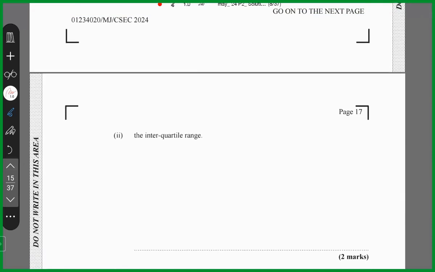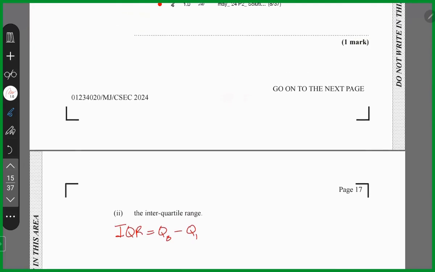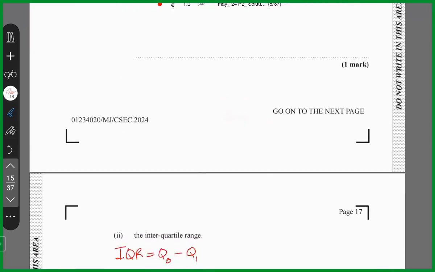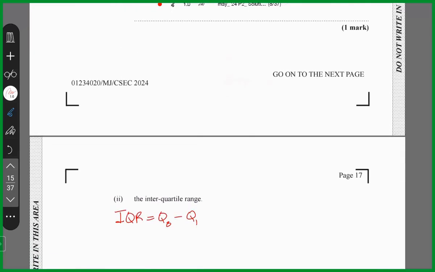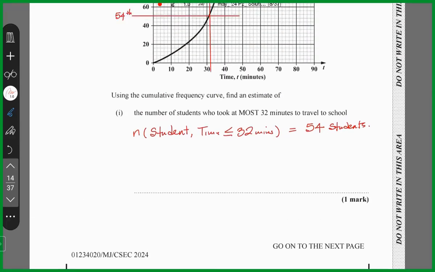The interquartile range. To get the interquartile range, our interquartile range IQR is equal to Q3 minus Q1. Now, Q3 is the time taken by student number a quarter of n.